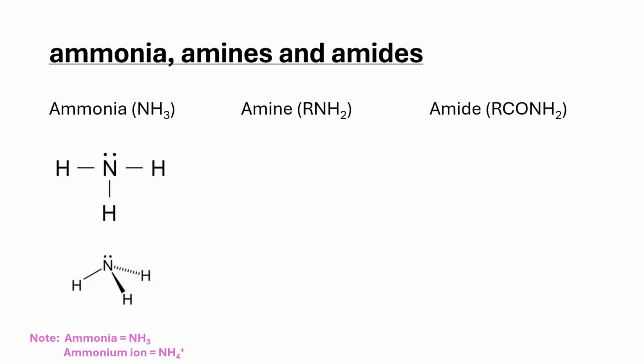Moving on to amine and amide, we're now starting to see carbon atoms. I'm showing three covalent bonds, and you don't need to draw the lone pairs, but I'm drawing them in so you know there are only three bonds there with a pair of electrons. How to differentiate amine from amide is very simple.